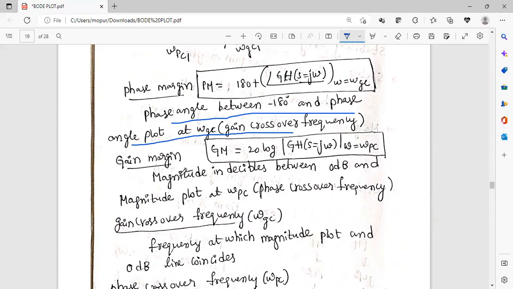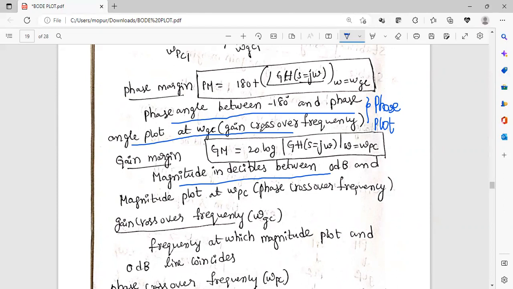This phase margin is taken from the phase angle plot: the difference between the minus 180 degree line and the phase angle plot at gain crossover frequency.